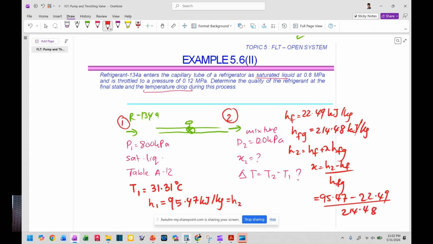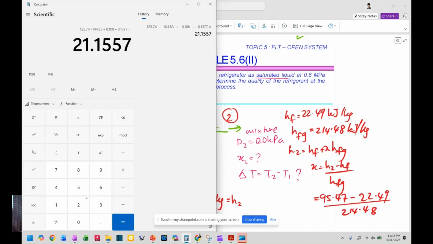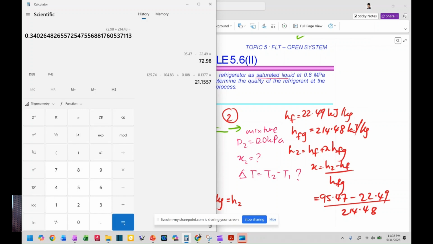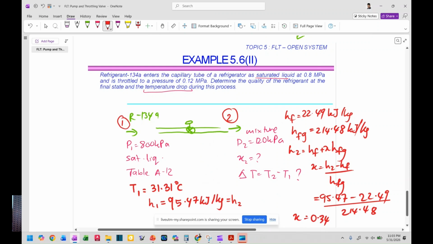Okay, so what will we get from that? Let's see. 95.47 minus 22.49, then you divide that by 214.48. Okay, that will give you 0.34. So about 34% of the refrigerant has evaporated.